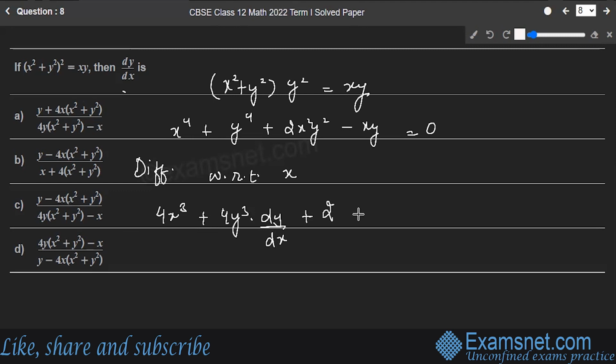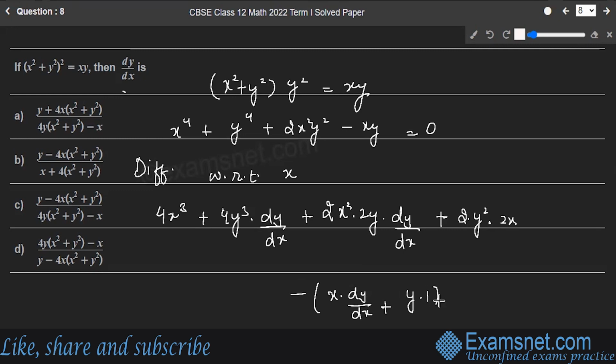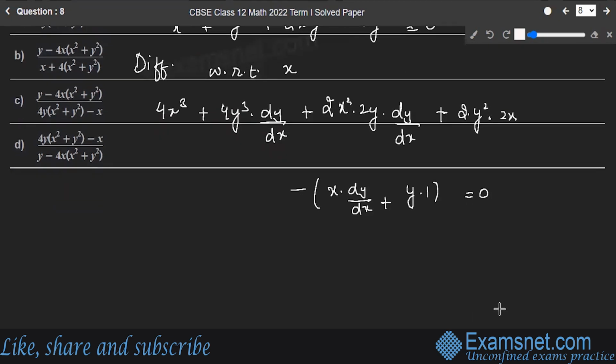Okay, this will be 2 first function into derivative of second plus second function into derivative of first. Okay, and minus xy, this will be minus of first function into derivative of second plus second function into derivative of first. This is equal to 0. I hope you got that, right?